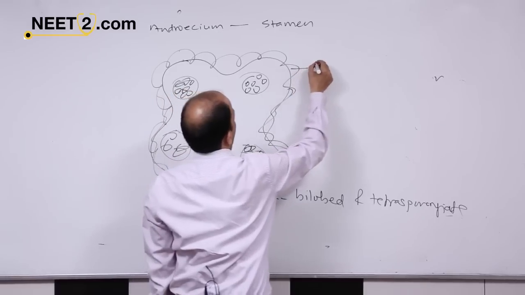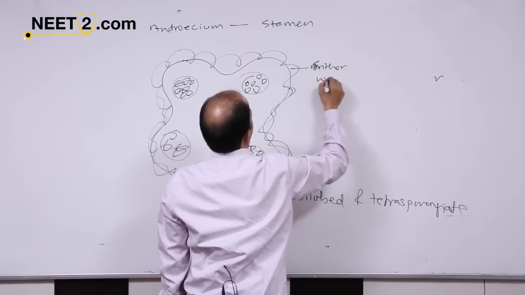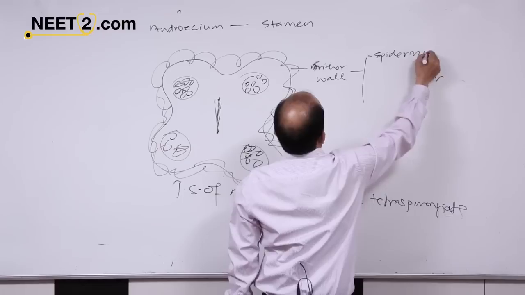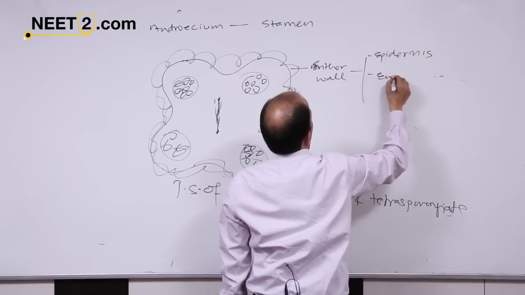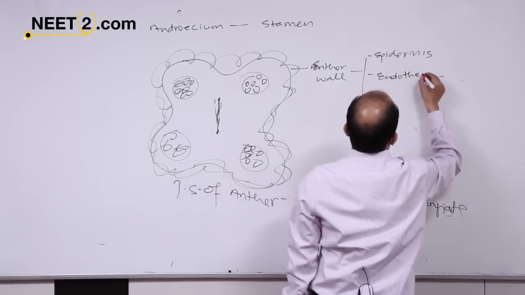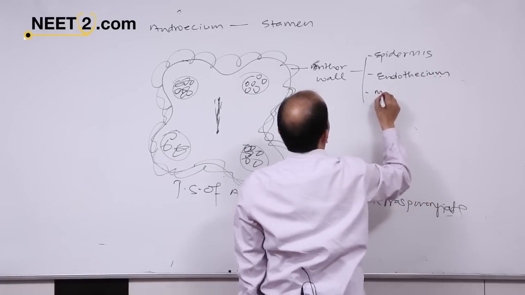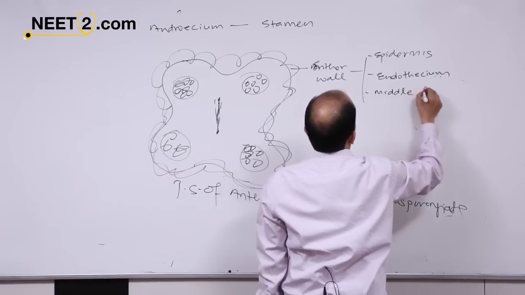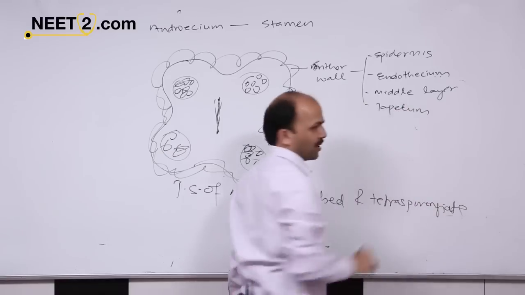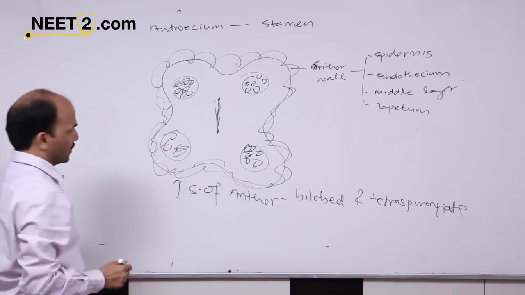Of the anther wall, the outermost layer will be the epidermis, that is protective, then endothecium, middle layer, and tapetum. Tapetum is a nutritive tissue that will provide all the nutrients for the developing pollen grains.